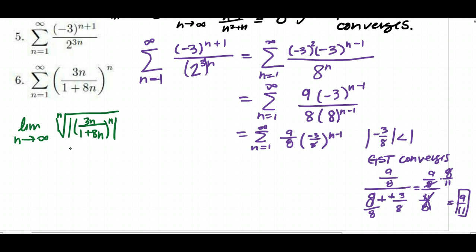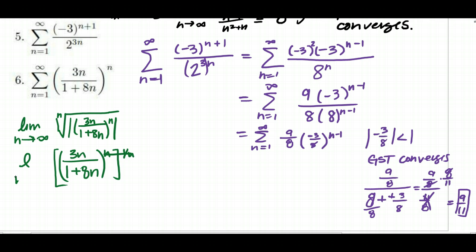Now I'm going to rewrite the nth root and remove the absolute value bars because this is going to be positive. So this is 3n over 1 plus 8n to the n, all raised to the 1 over n. I can get rid of it because n times 1 over n cancels.